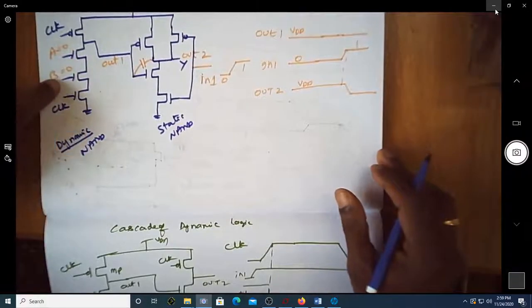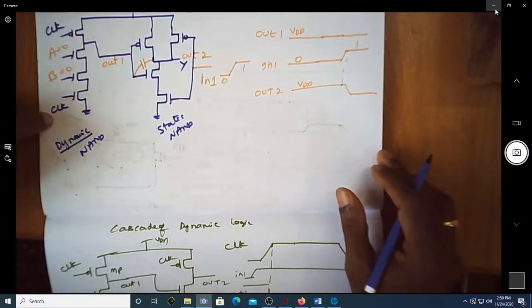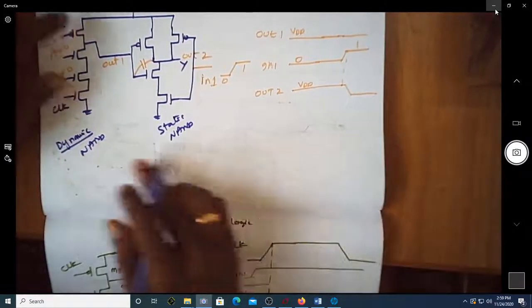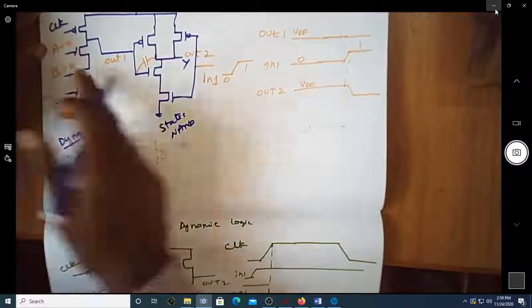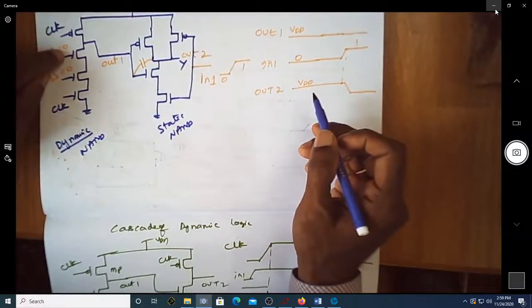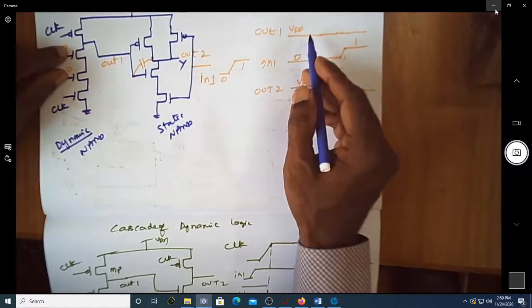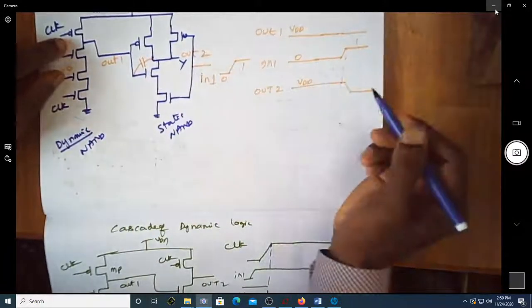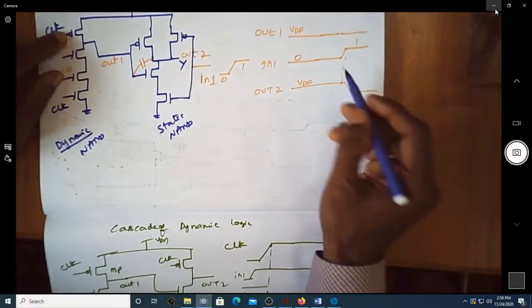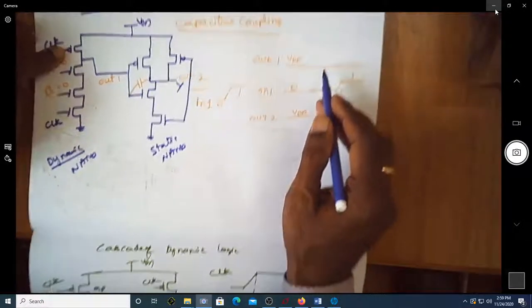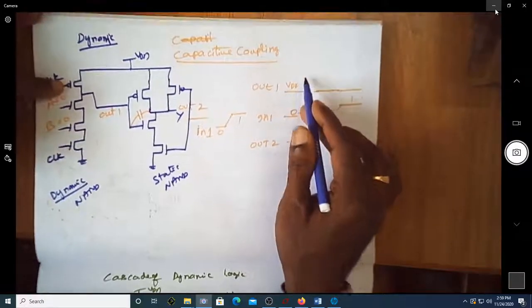Can you see here? This is the AB input. There is a clock here. This is PMOS, NMOS, and as long as this is 0, we are thinking that these are always 0. If it is 0, you know that the output is always 1, because during the clock pre-charge period the output 1 has charged to VDD, so this remains at VDD here.